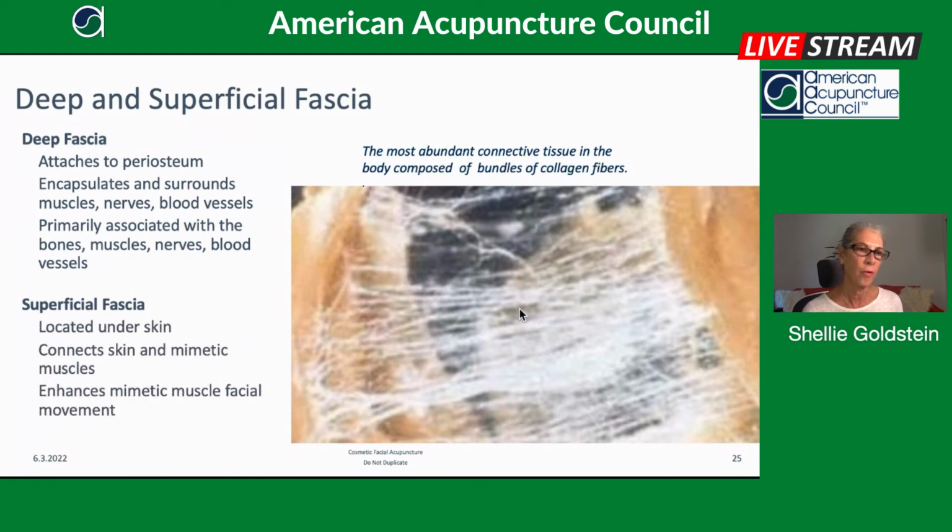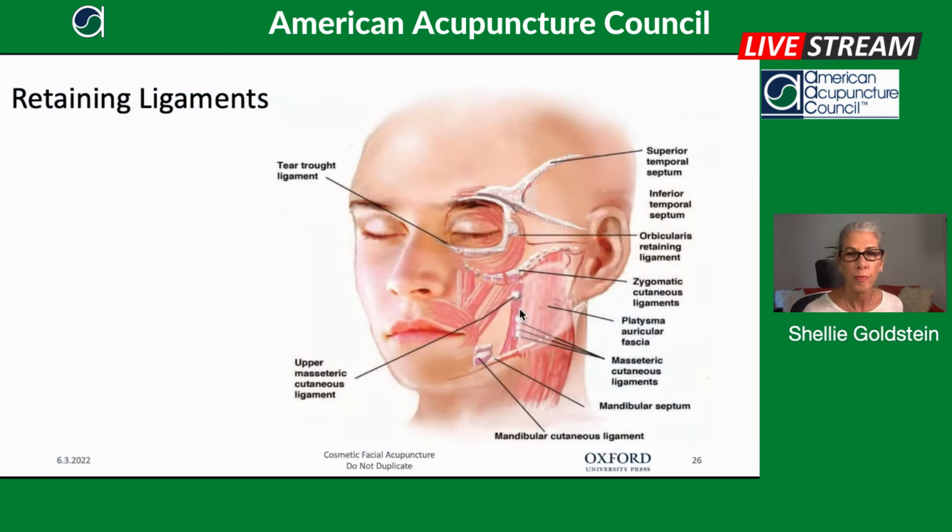And then there's the superficial, and that superficial is like a thin layer of, say, sticky film or saran wrap. So it's a little sticky and it attaches to the muscles, and then the muscles attach to the skin, and every time a muscle moves, it causes the skin to move, and that's how we get our expressions.